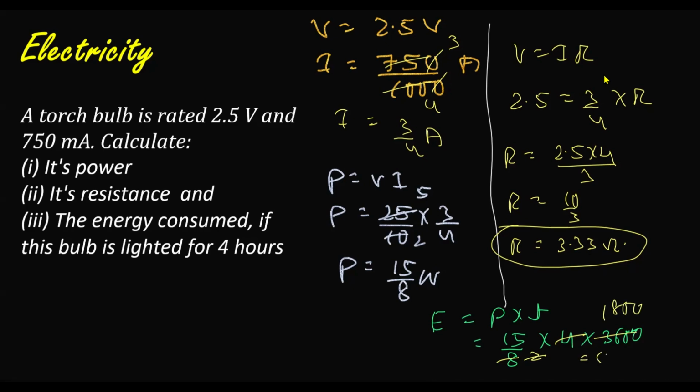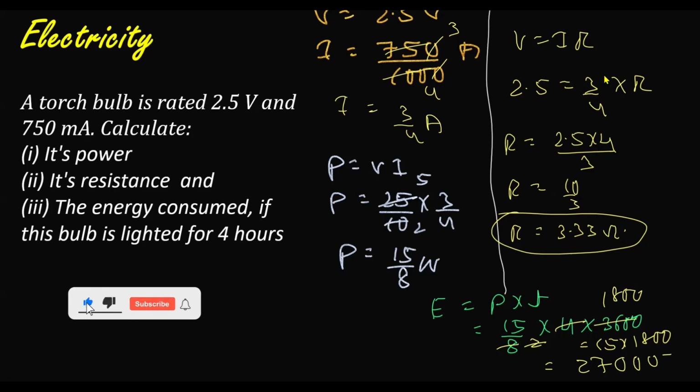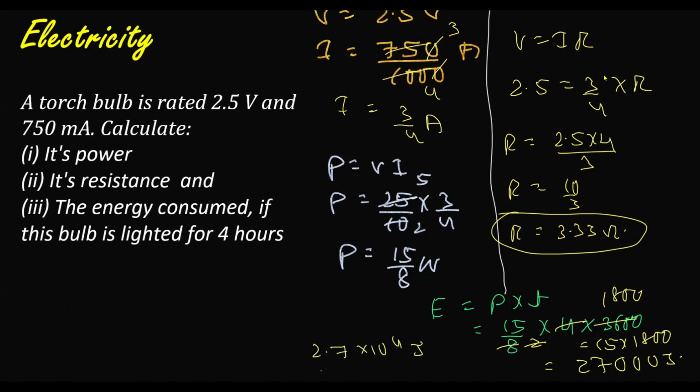So whatever it comes by multiplying these two numbers. Since we have to write in the reduced form, in the scientific notation, you should multiply first 15 into 18. So 15 multiplied by 18 is how much? It is 270. 270 followed by 2 more zeros. So in scientific notation, or you may write this in joule only, that is all fine, or you may write 2.7 into 10 raised to the power 4 joule. That should be the answer for this question.